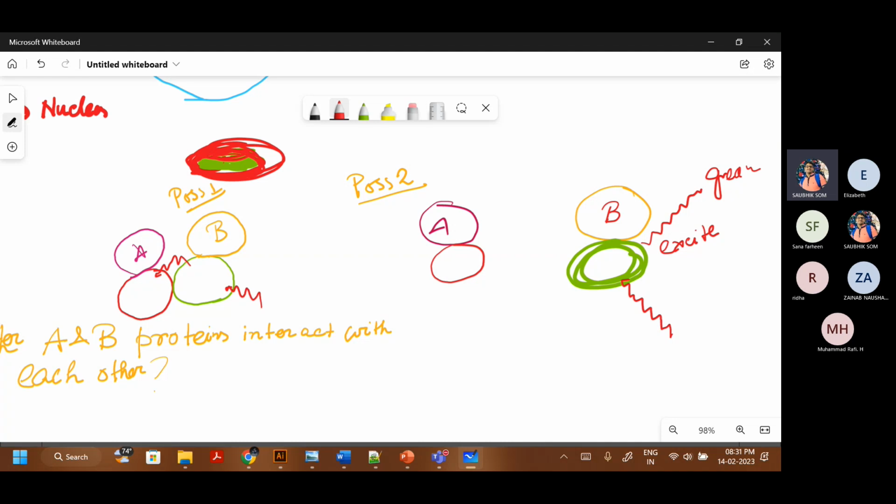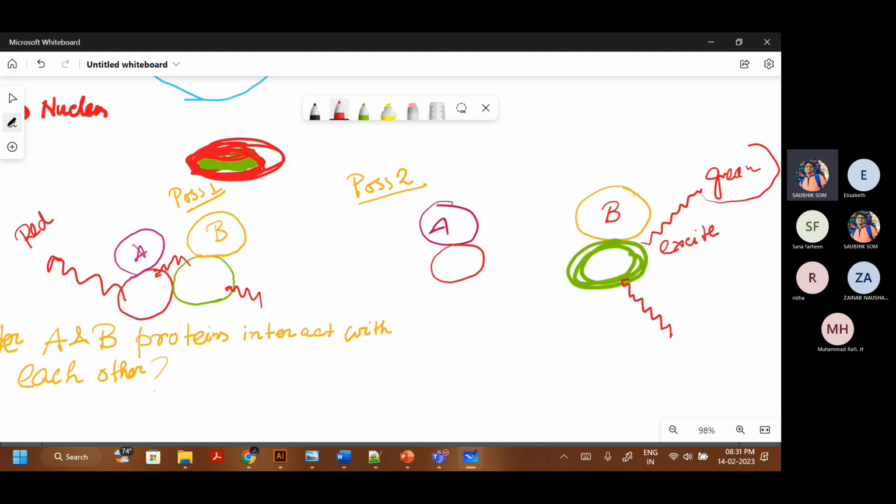So instead of getting green, I am getting red light. So that means that these A and B proteins are interacting with each other. If I am getting only green, that means A and B are far from each other. But if I'm giving excitation to the green protein and getting emission at the red range, that means that these proteins are interacting.